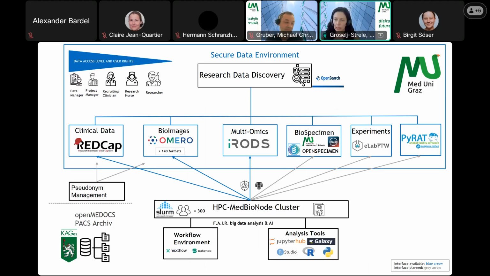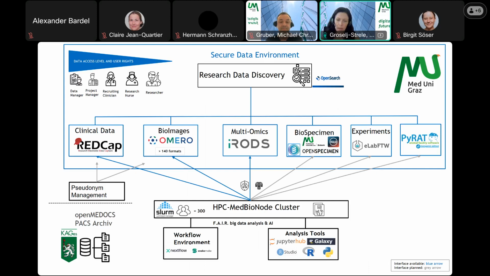On the right side of this slide, you can see that we use eLabFTW, where you can document all the work you do in the lab. And the last tool, the Pirate system, is relevant if you're working in the context of animal experiments.